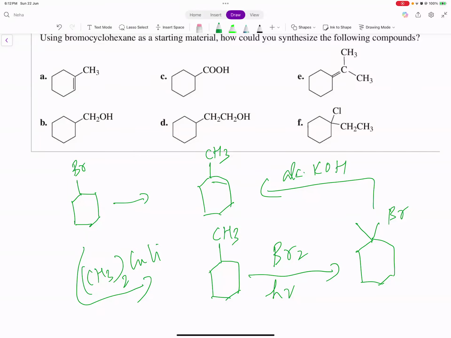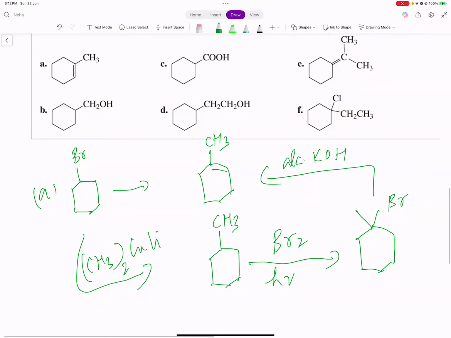Try the other things. For example, how can we go about B? From bromine we are starting. This was A, now B we are thinking. So for B I can make a Grignard, because we have to start from bromocyclohexane.